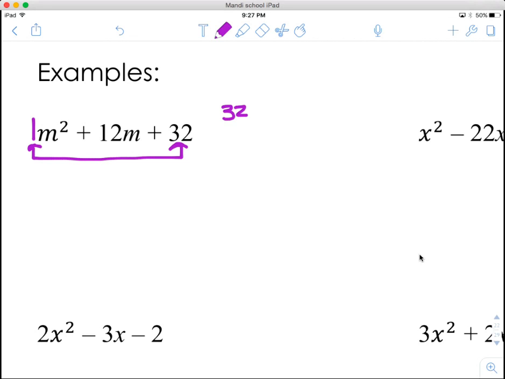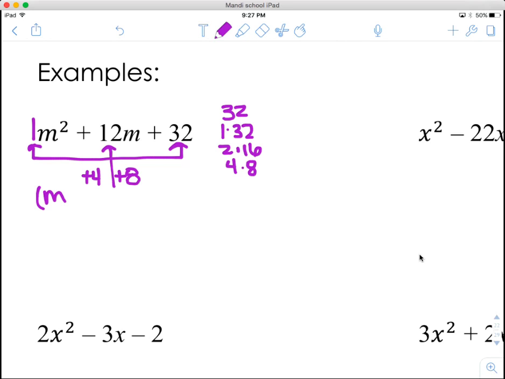So we want all of the factors of 32. So it's 1 times 32, 2 times 16, 4 times 8. We are looking for the factors that will add or subtract to 12. Well, 8 plus 4, so positive 4, positive 8 would equal 12.